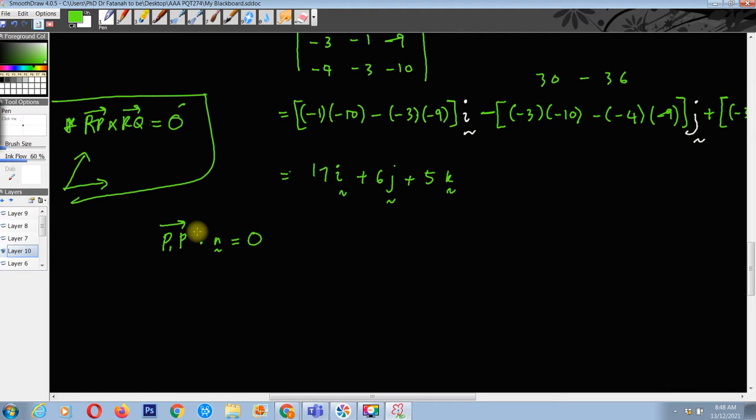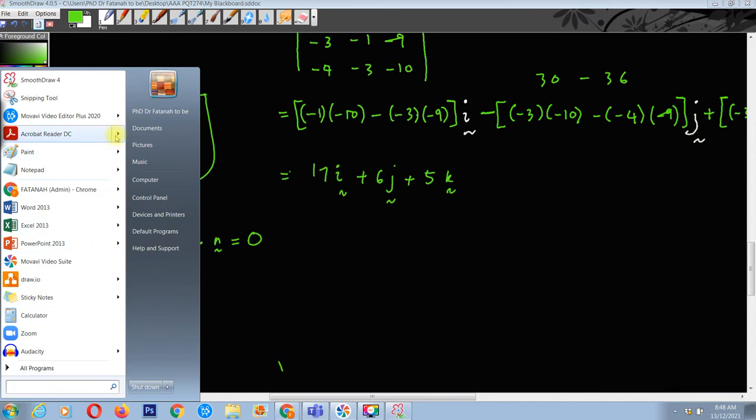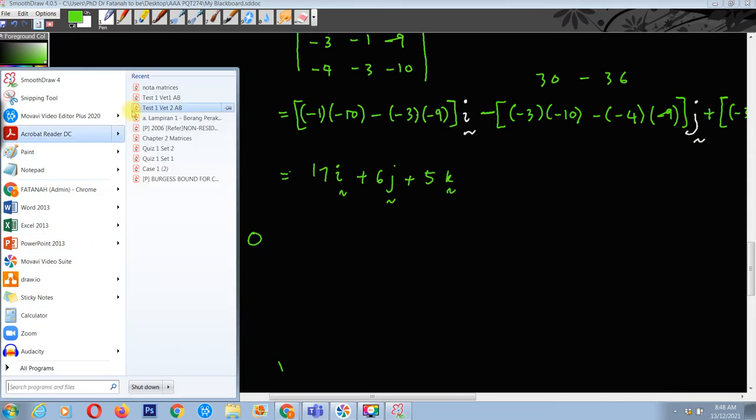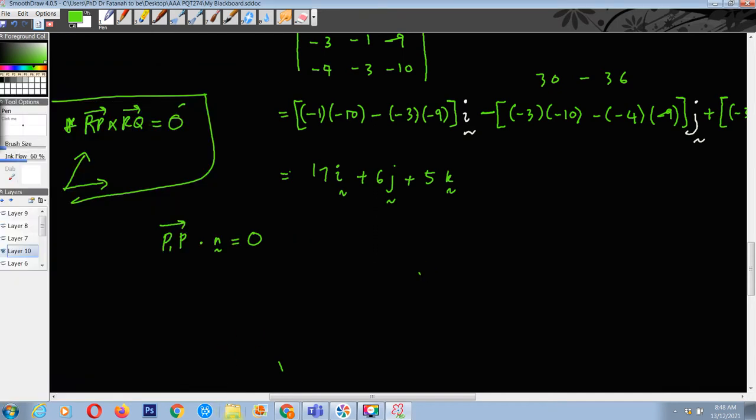If you go to 74, the properties of the scalar and dot product, vector. So if we go to the properties of the product, property number 4.